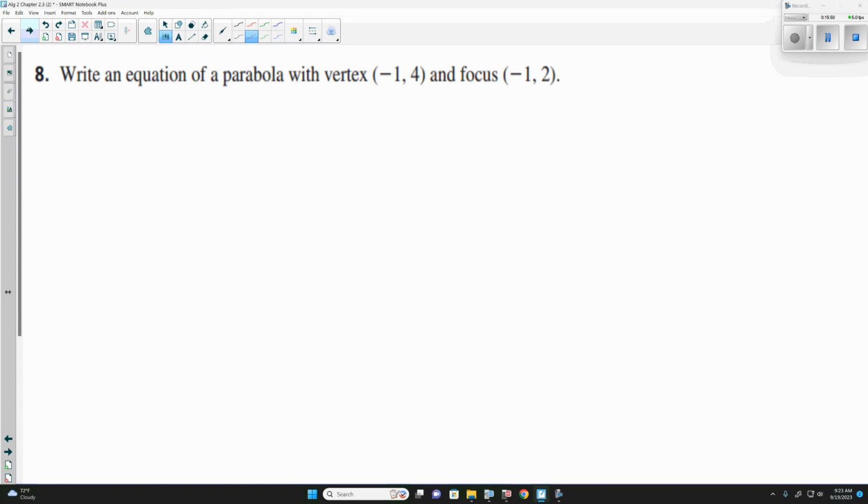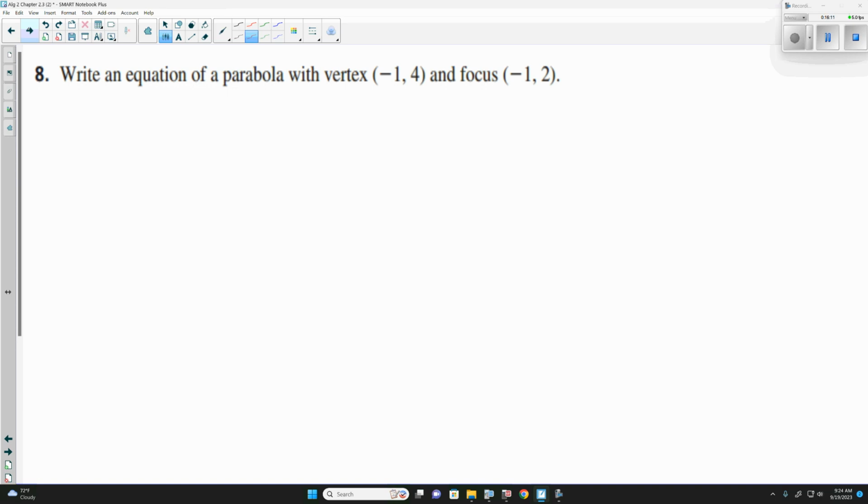Write an equation of a parabola with a vertex of -1, 4 and a focus of -1, 2. Now, when we're given the directrix, like the previous problem, it's a little bit easier to pick between the two equations. Because for one of them, the directrix is x equals h minus p.